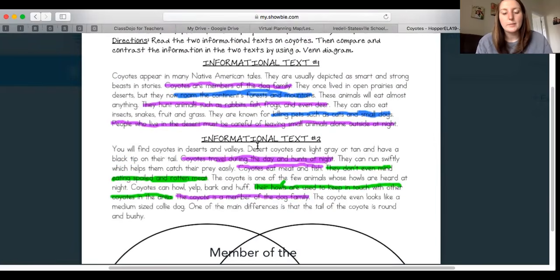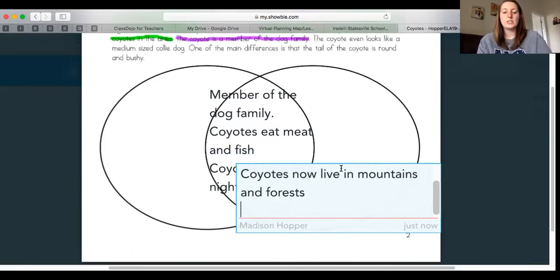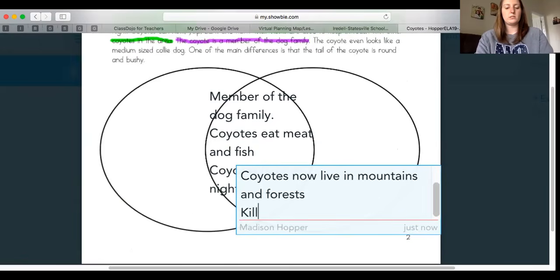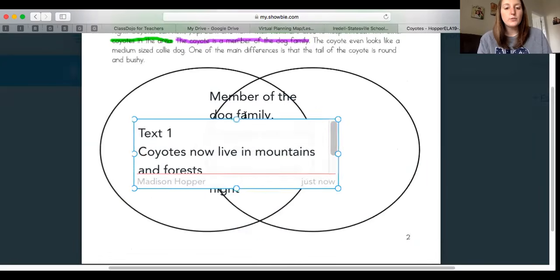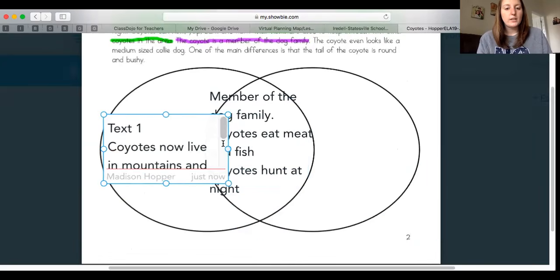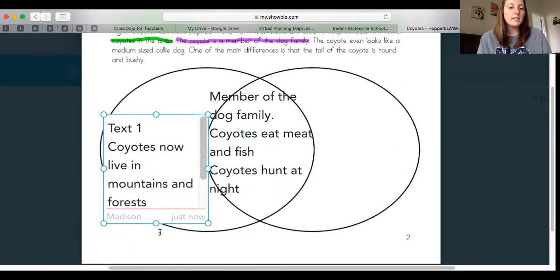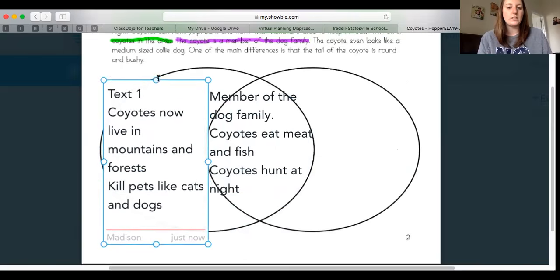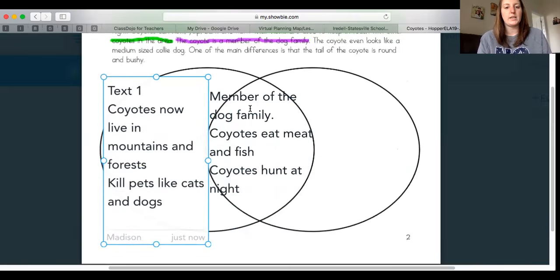What else did we highlight in blue? So they also kill pets such as cats and small dogs. Not a good thing. Kill pets like cats and dogs. Okay, and I'm going to move that over here. Now remember, what I have on this side is of course going to be what is different in what we learned from the first text.